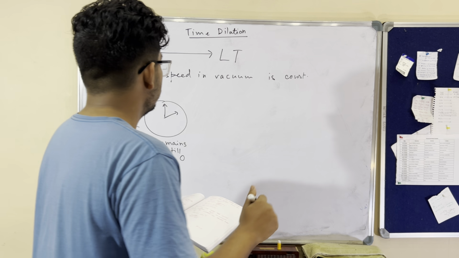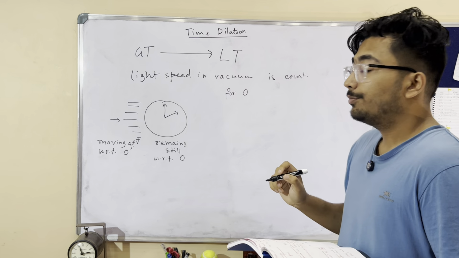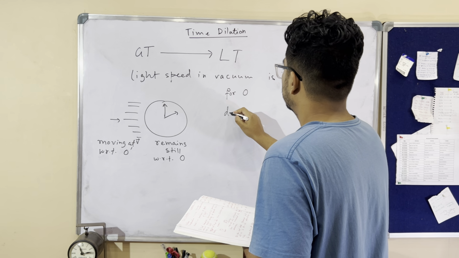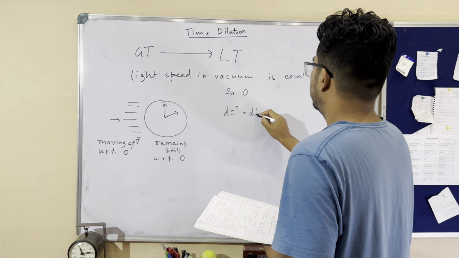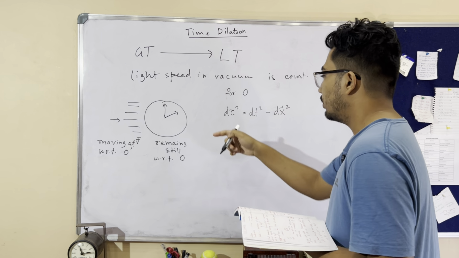Okay. So for O, the proper time difference is nothing but d tau squared equals dt squared minus dx squared of the clock.